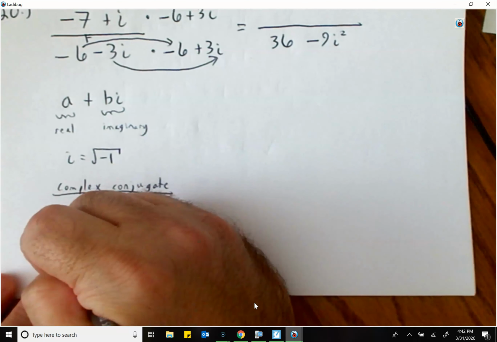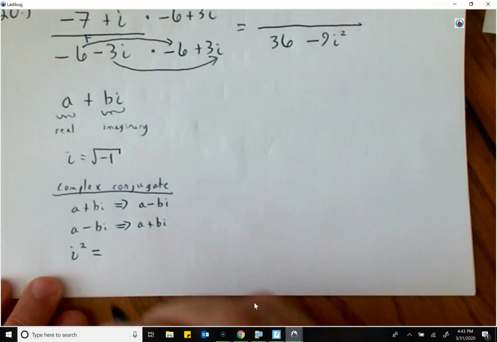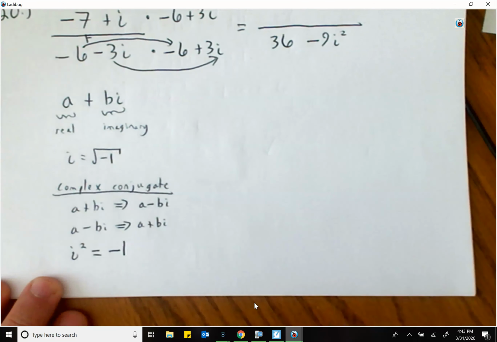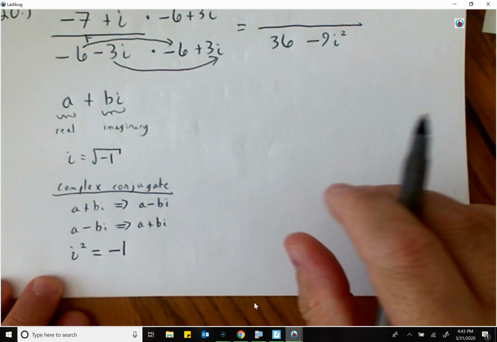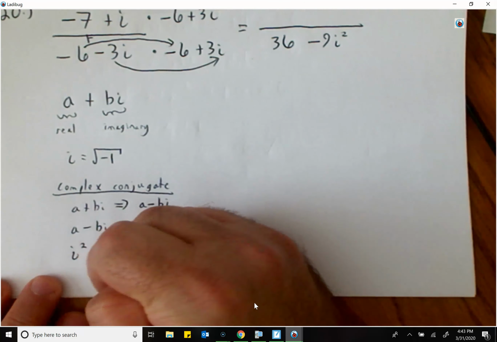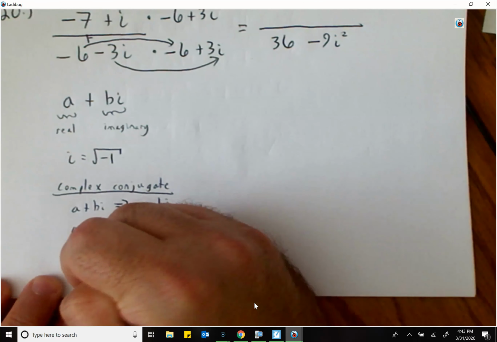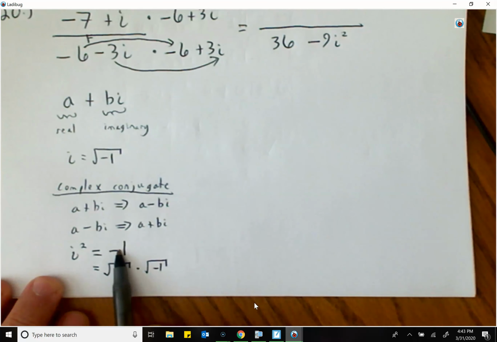Now, hopefully you remember from your professor telling you that anytime you have an i squared, that really represents a -1. And we need to represent it as such. Okay? Because really what's going on is you're taking the square root of a -1 times the square root of a -1. And as we talked about earlier, when you're multiplying two radicals and the same numbers underneath, that number will pop out.